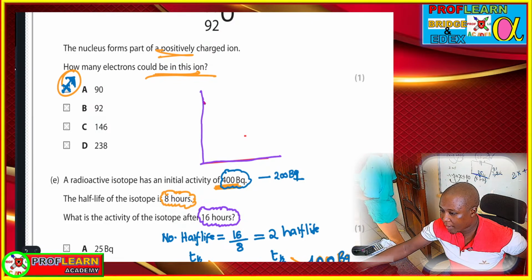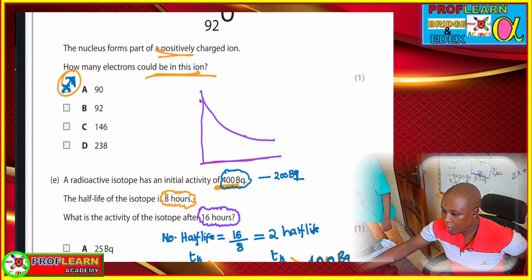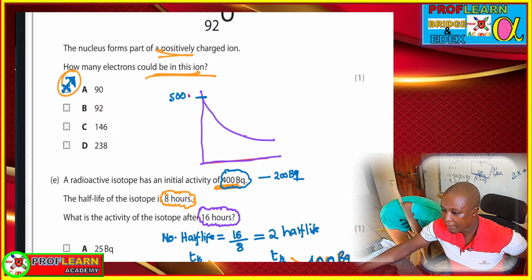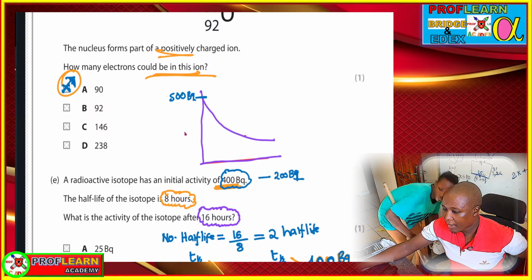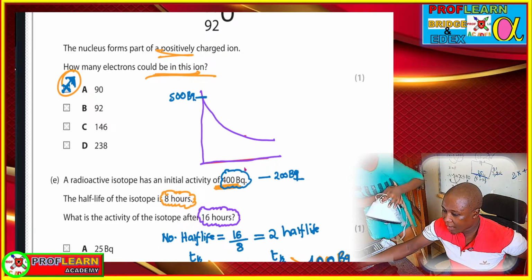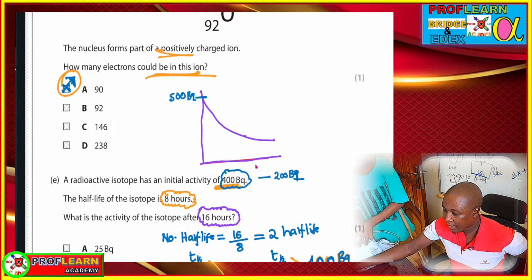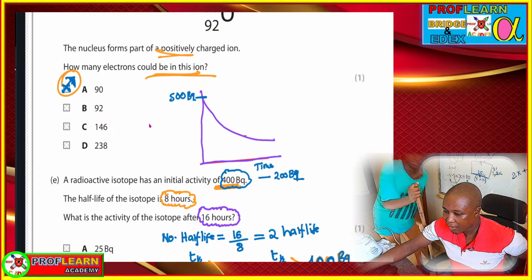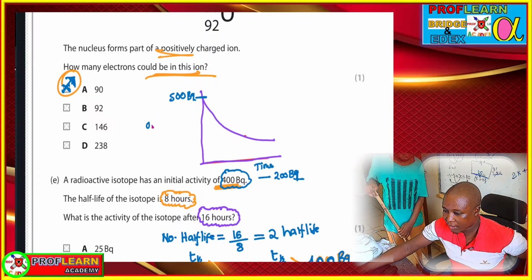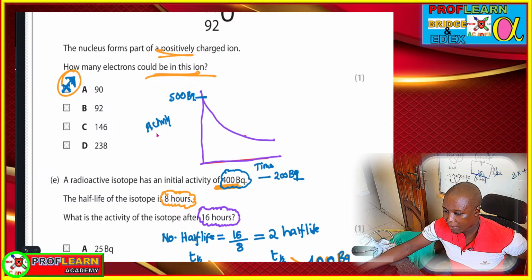So if you have a graph like that and you are supposed to work out half-life, if this is 500 becquerel, then you need to check if they are asking you half-life. Of course, we shall have time here, and this is the activity on this scale in becquerel, in Bq.